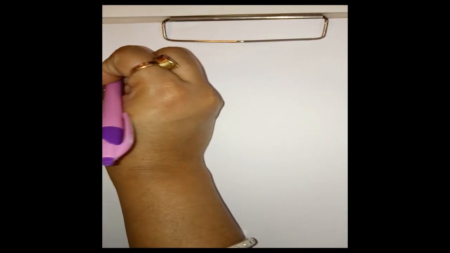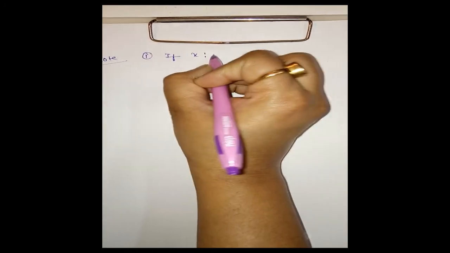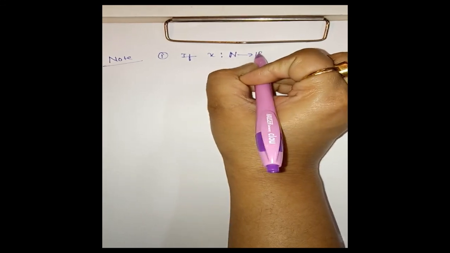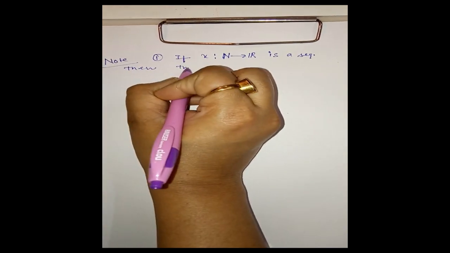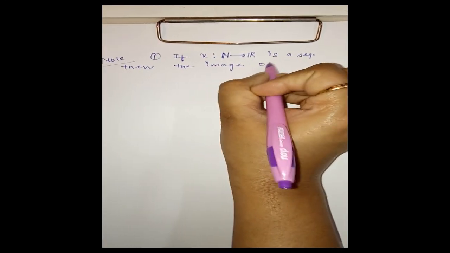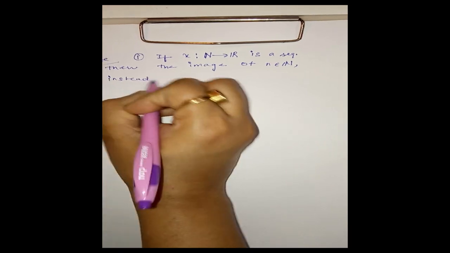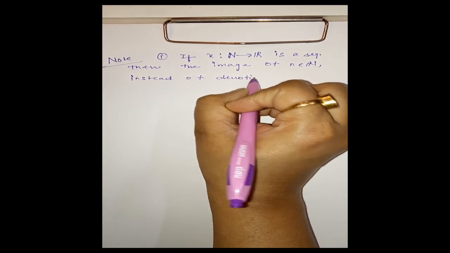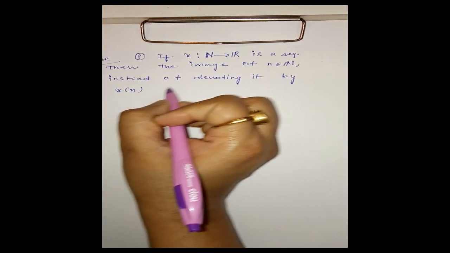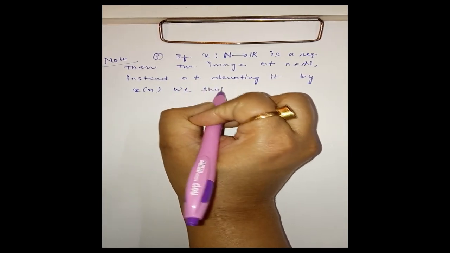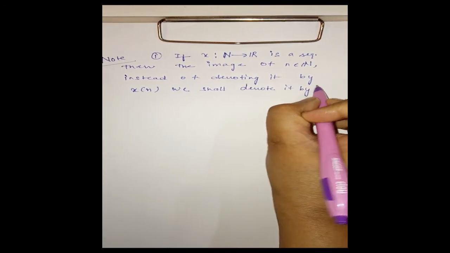Now we note that, first, if x is a function or a sequence from N to R, then the image of n belonging to capital N, instead of denoting it by this, that's how we denote a function, we shall denote it by this.